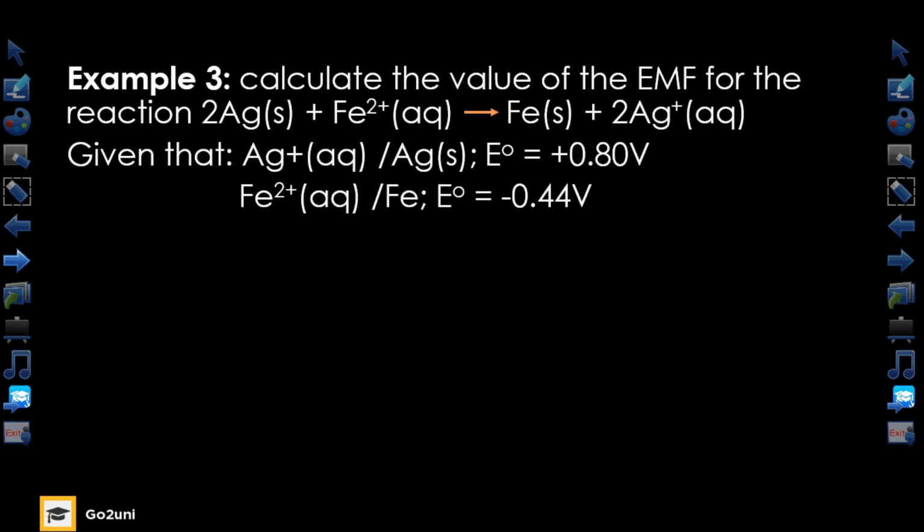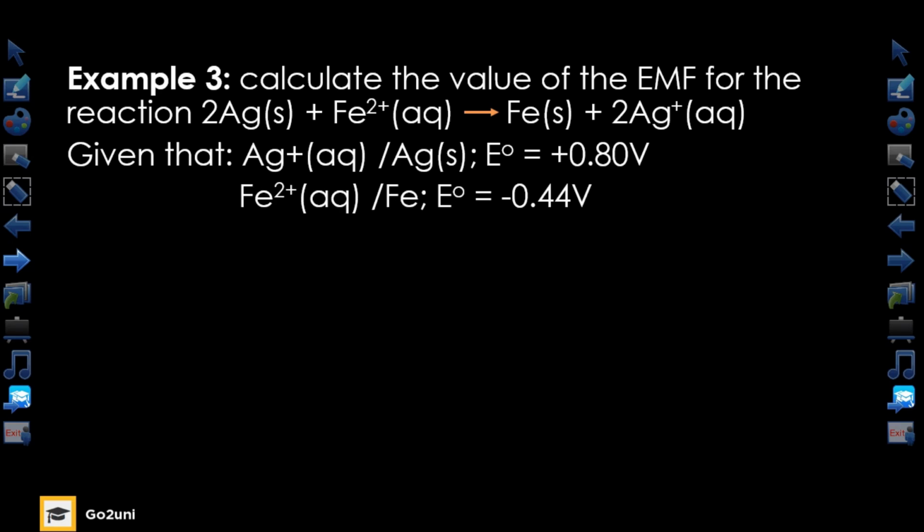Looking at what we have here, silver, since it's higher than iron, or more positive, is going to be reduction, and iron the oxidation. That is what the values tell us, as we have seen before. The more positive you are, the more likely you're going to be reduced, that is, accept electrons.